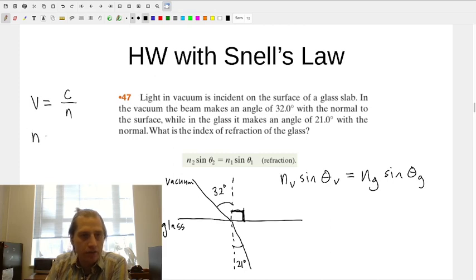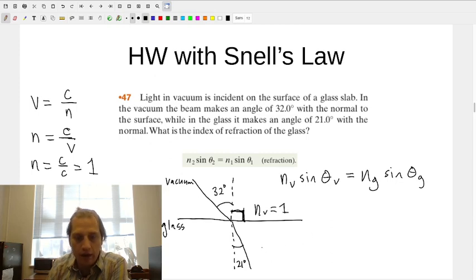So the index of refraction would be equal to c divided by v. But in vacuum, the light wave is simply going at the speed of light. So n would be c over c equals just 1. Okay, so our n in the vacuum is just 1. And our n in glass is going to be something larger than 1.